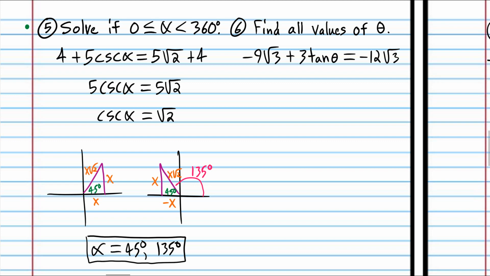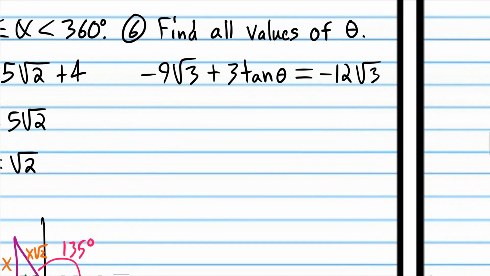All right, we're back. I'm going to add 9 root 3 to both sides. And we get negative 3 root 3, because negative 12 root 3 plus 9 root 3 is negative 3 root 3.